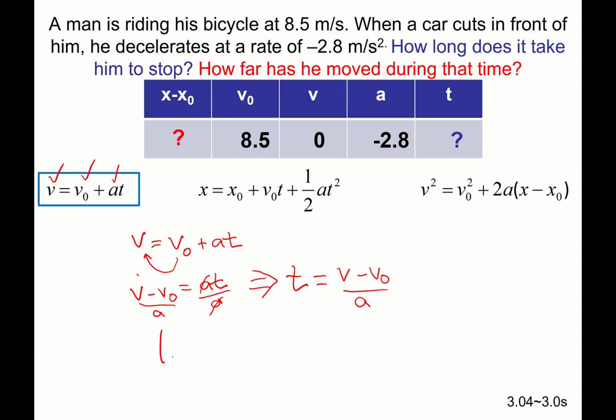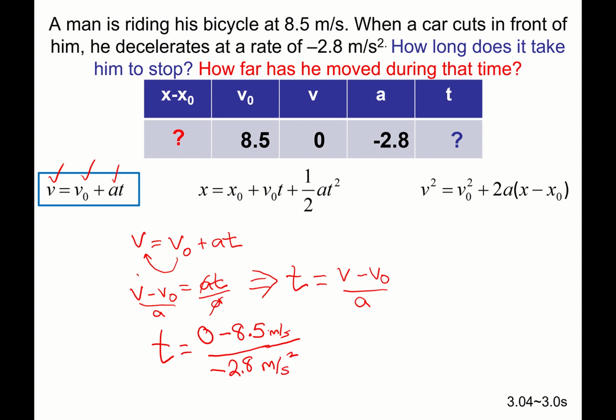So I'll go ahead and put the numbers in. T is equal to V is 0, V0 is 8.5, and A is negative 2.8. And I should be good and put the units in. The velocity is in meters per second, and the acceleration is in meters per second squared.